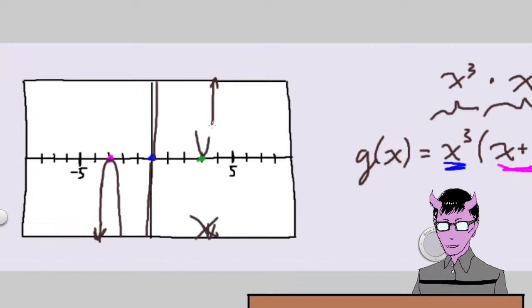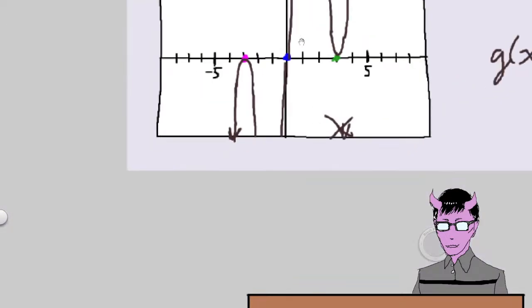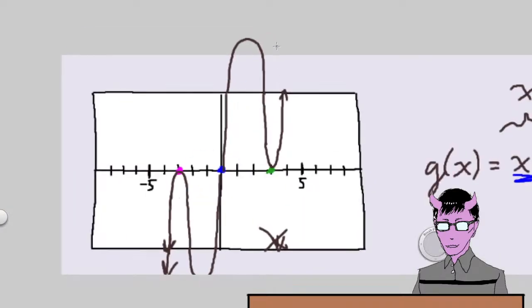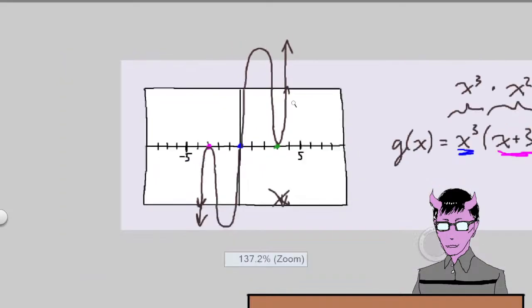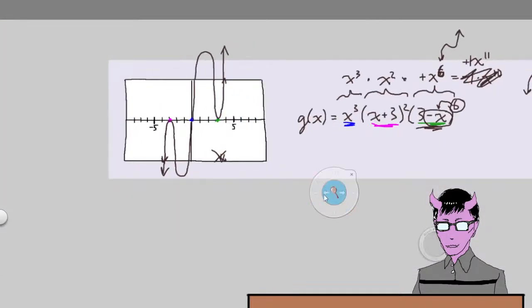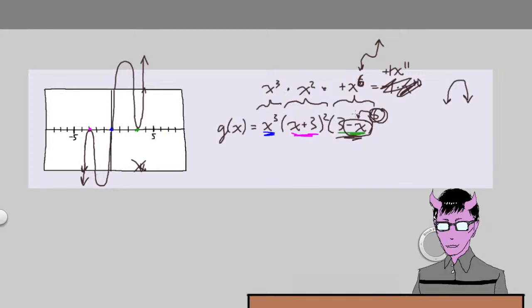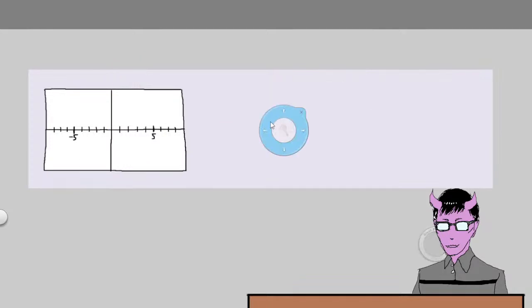Something like this. This is just for visual completeness. So your graph looks something like that, if I change this to a 6.